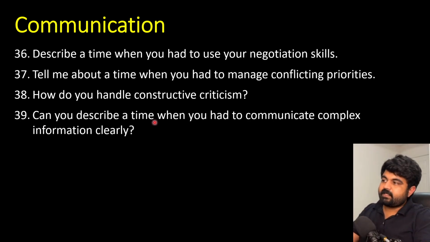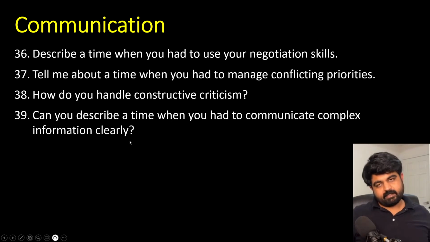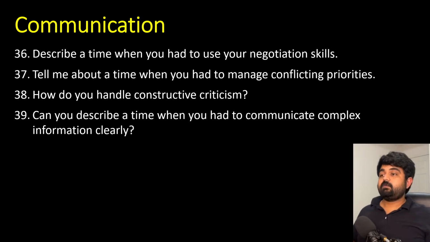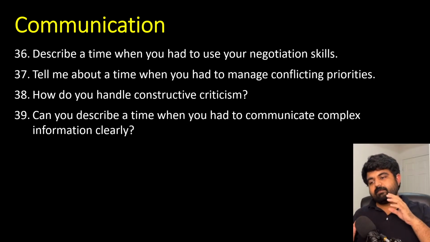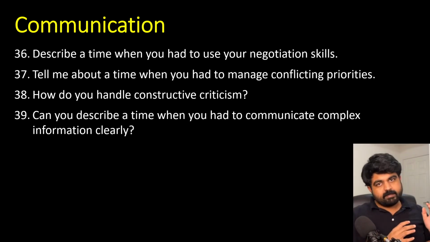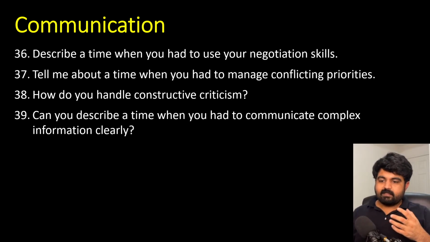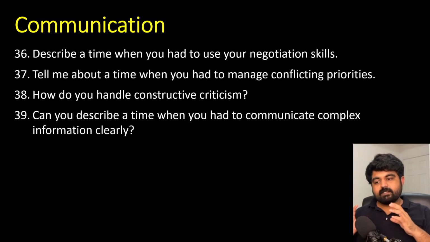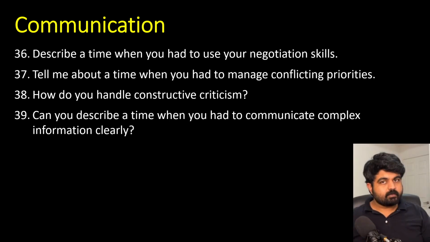Okay. Next is, can you describe a time when you had to communicate complex information clearly? Now, the purpose of this question is that complex information can be complex for one group of people, but it can be really simple for another group of people. So you can approach this question as in that information complexity depends on the group of people you are trying to convey.